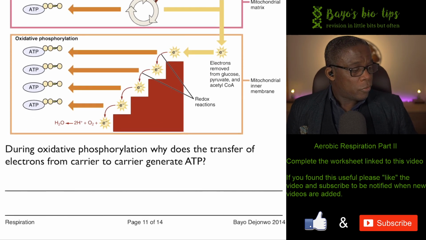So during oxidative phosphorylation, why does the transfer of electrons from carrier to carrier generate ATP?